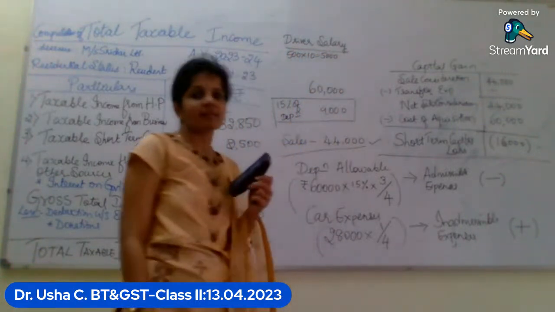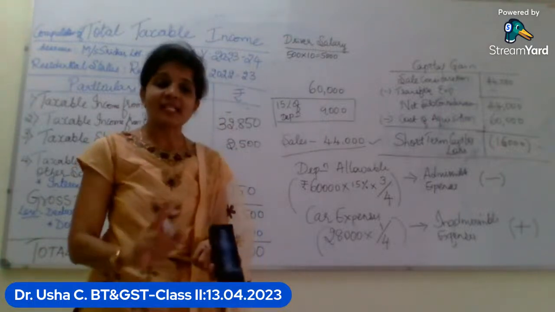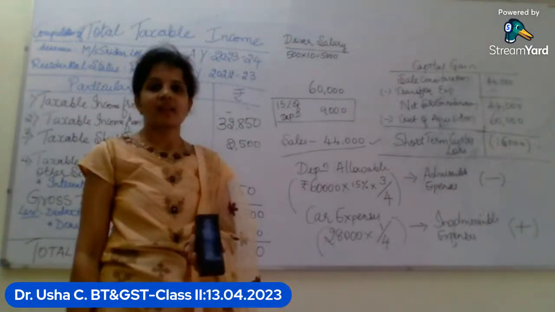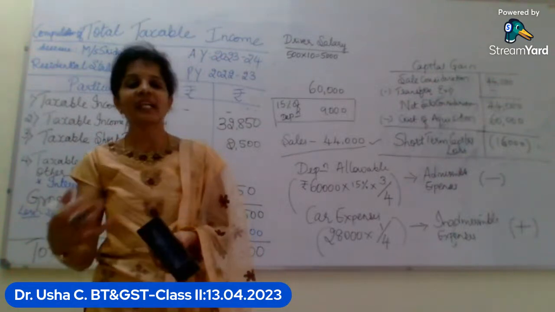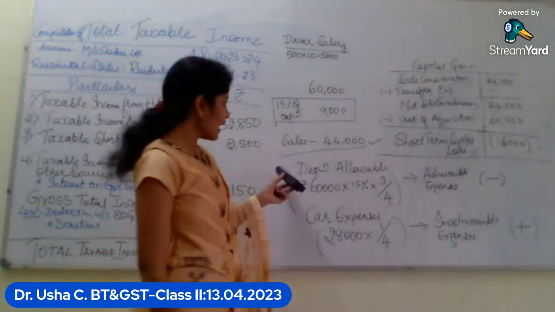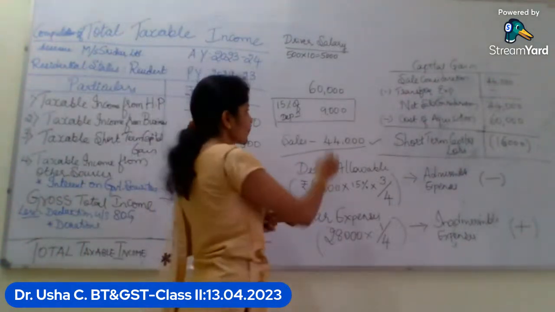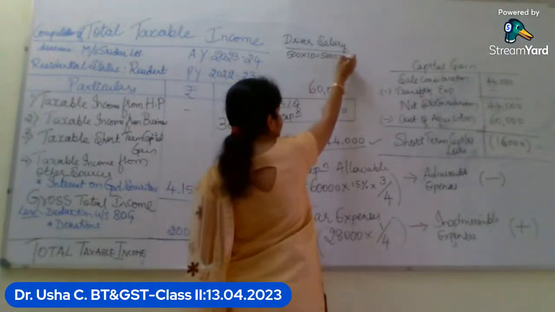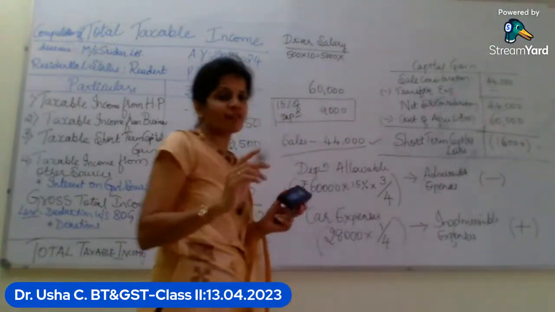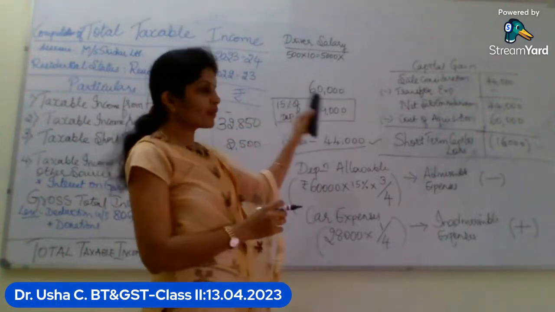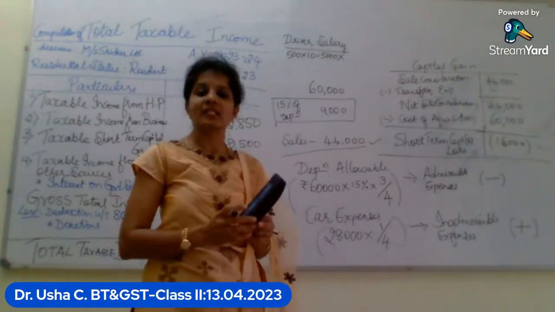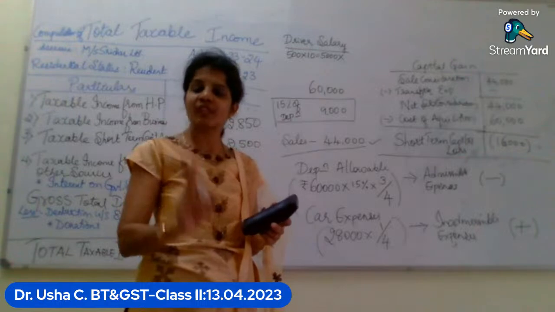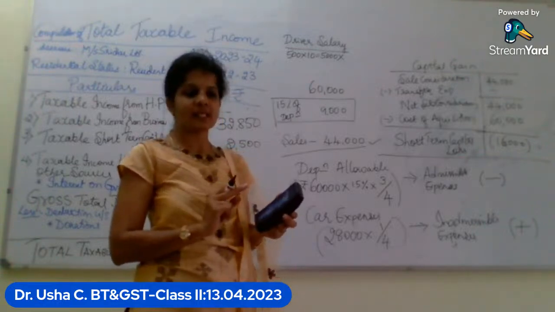But there is an adjustment you have to make here. The driver of the car, correct? The car is used for business only to the extent of 3/4. Then even the driver is considered only to the extent of 3/4 as a business expense.